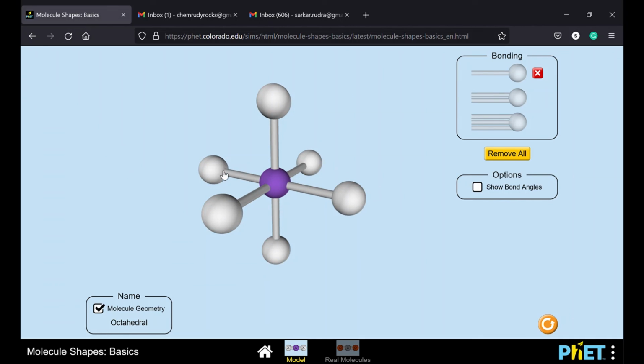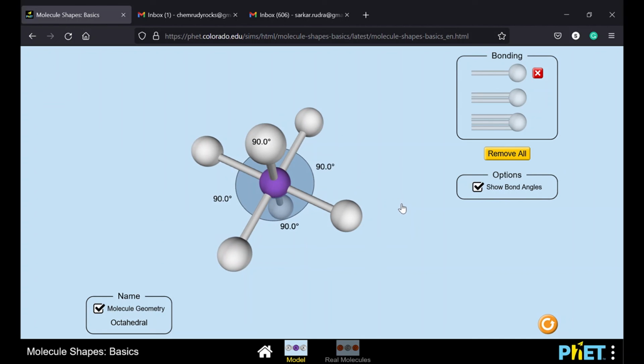Now here, this particular atom, that one, and that one, they are lying on a square plane, and we have two more atoms on the top and below. So in terms of bond angles, we know if this is a square, and we can consider these bonds to be the diagonals, diagonals bisect each other. So one can think this is 90, that is 90, that is 90, at the back that is 90, as you can see, all of these are 90.